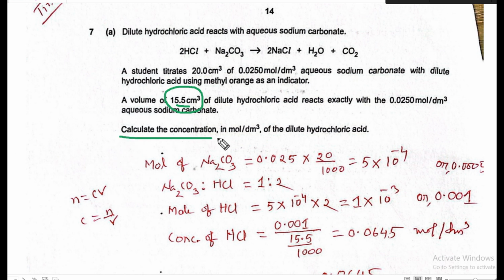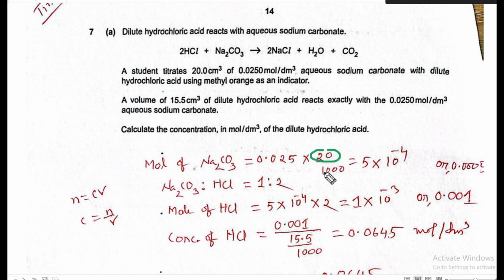You are asked to calculate the concentration in mole per dm cube of dilute hydrochloric acid. As sodium carbonate volume and concentration are given, you can calculate moles of sodium carbonate: concentration times volume.